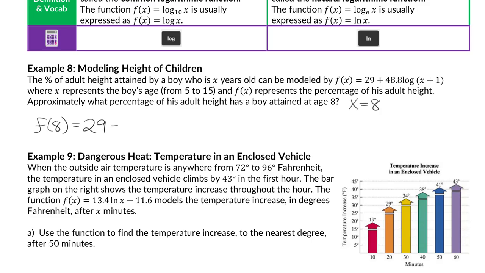So 29 plus 48.8 times log of 8 plus 1 because we want to know what's happening at year 8. We go to our calculator and we just straight up type that in, using the log button on the front plate.